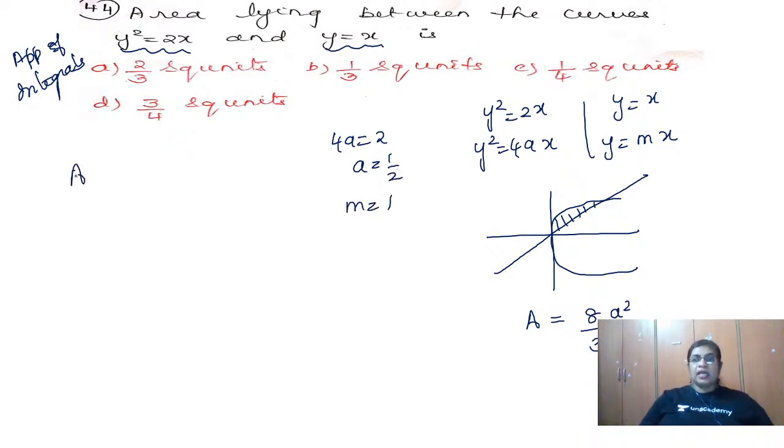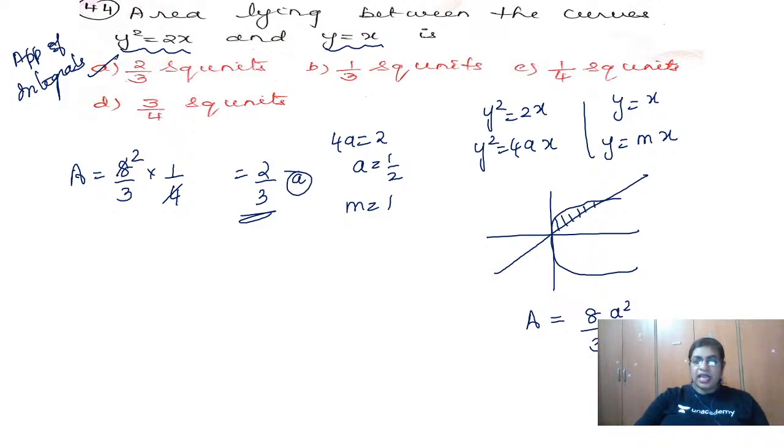So the area is directly 8 by 3 into a square, a square is 1 by 4, by m cube, m is 1. So 4 ones are 4, 4 twos are 8, and you get the answer 2 by 3 square units, which is the A option. Isn't that easy?